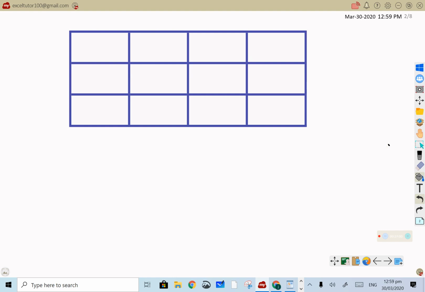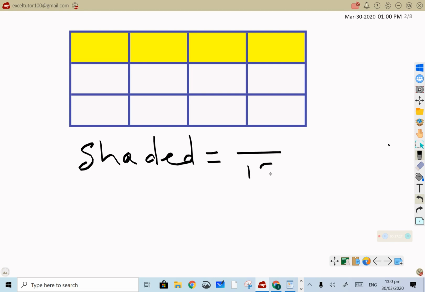Okay, so for this part here, if the question asks to identify what was shaded in terms of a fraction, first we have to establish the denominator, which will be 12, and the numerator, which will be 4.